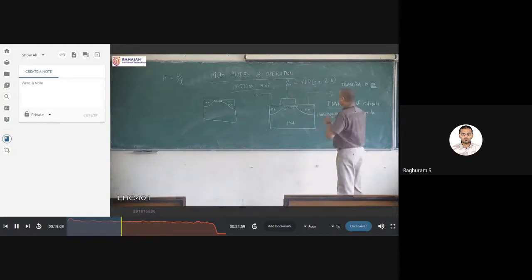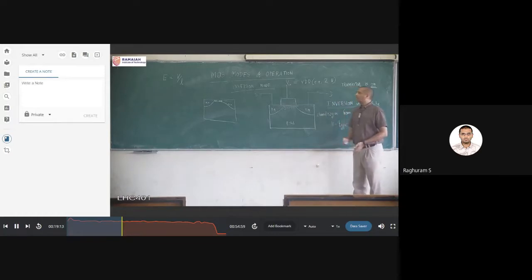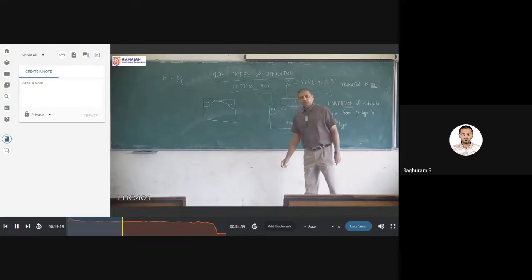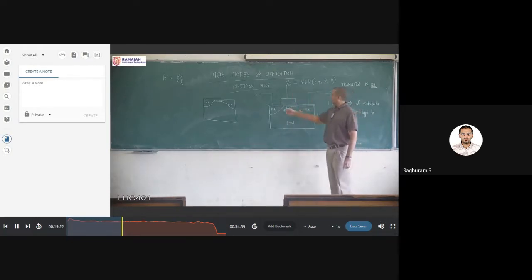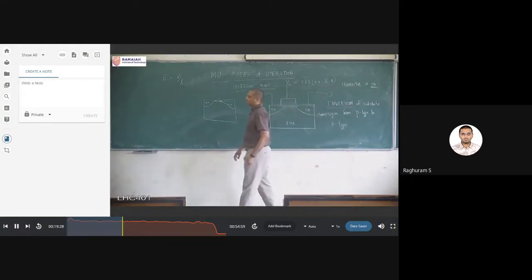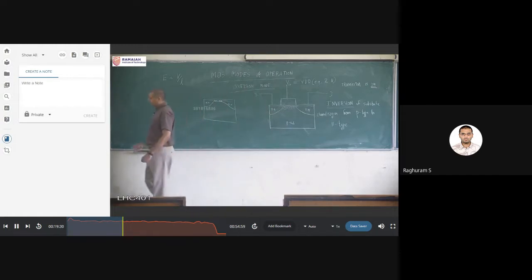So this is the most important mode of operation, which is called inversion mode of operation. And in inversion mode, the channel is formed, conduction takes place. So now we are looking at one very important definition called the threshold voltage.